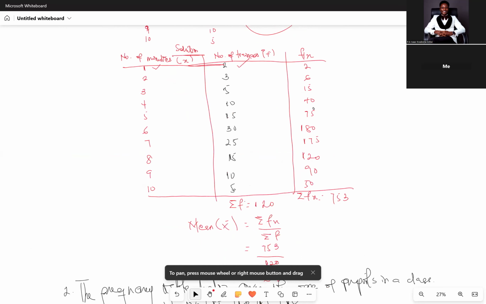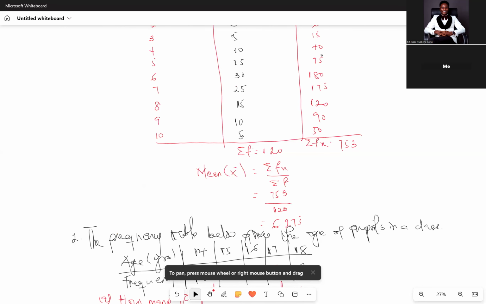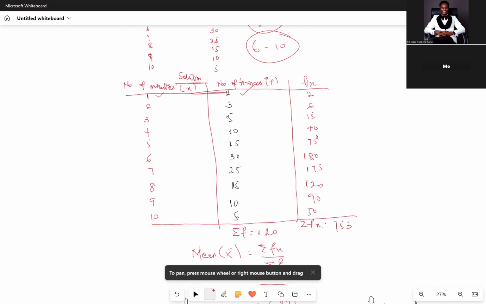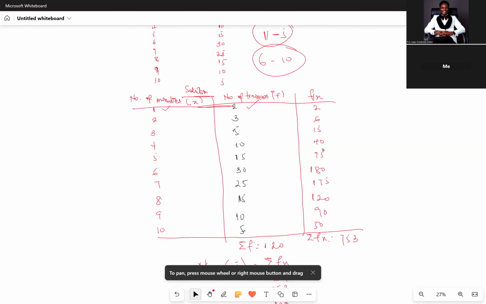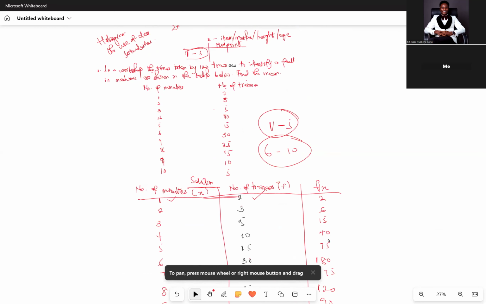They will tell you the mean is 6.27. Then 25 will not come. They'll replace it with a variable x and ask you to find x.